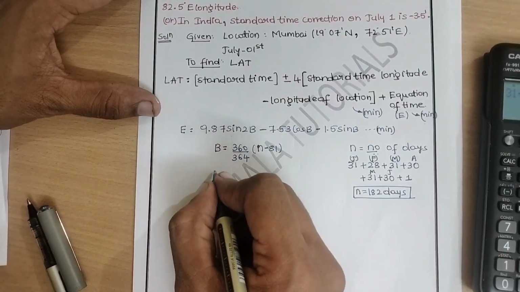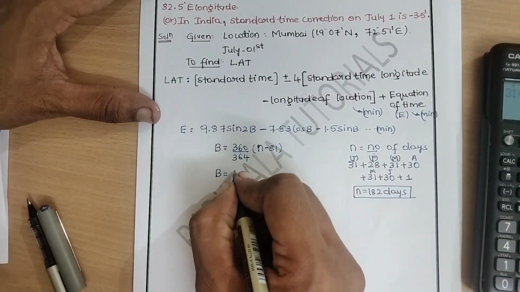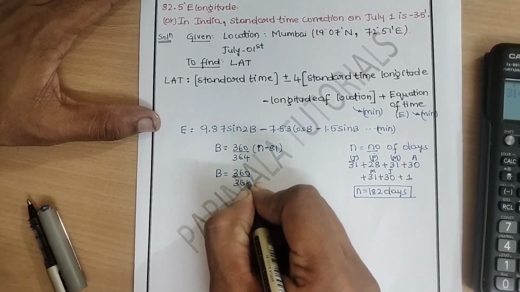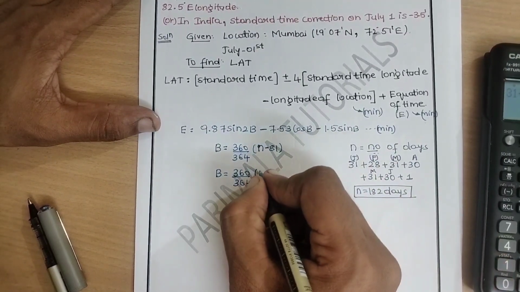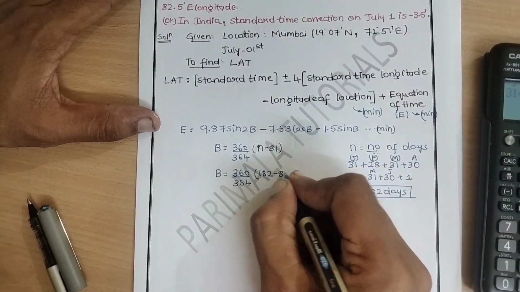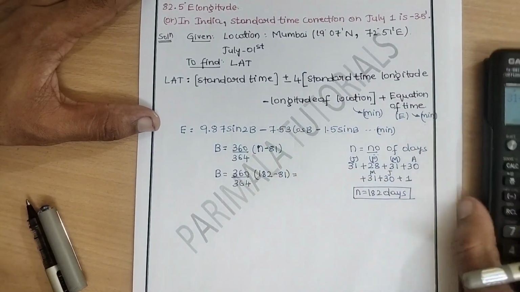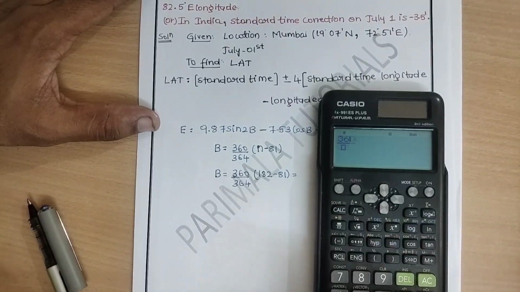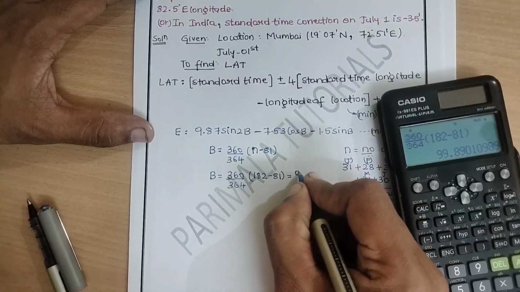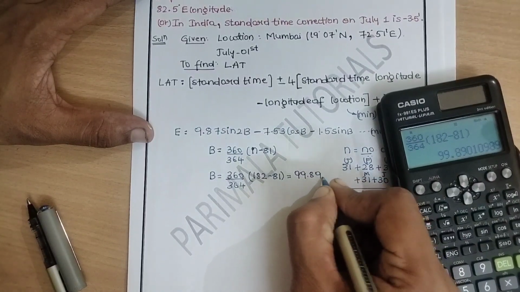So let us calculate the value of B. B is equal to 360 divided by 364 into n, which is 182, minus 81. Therefore, B will be equal to 99.89.